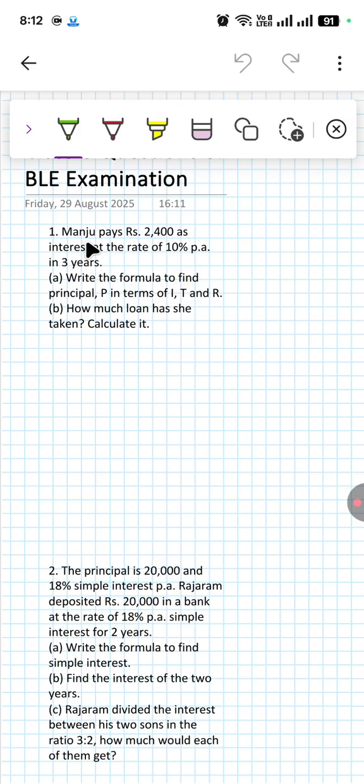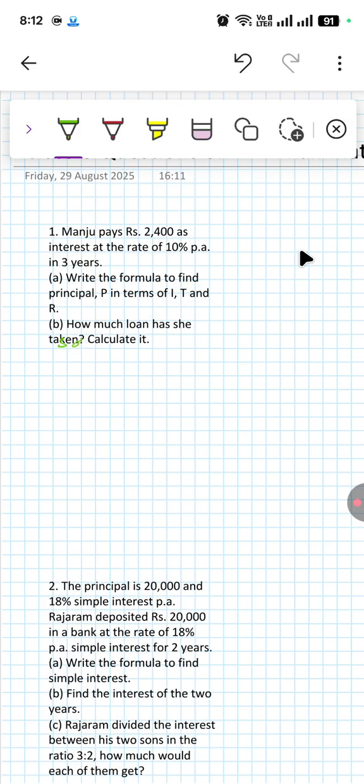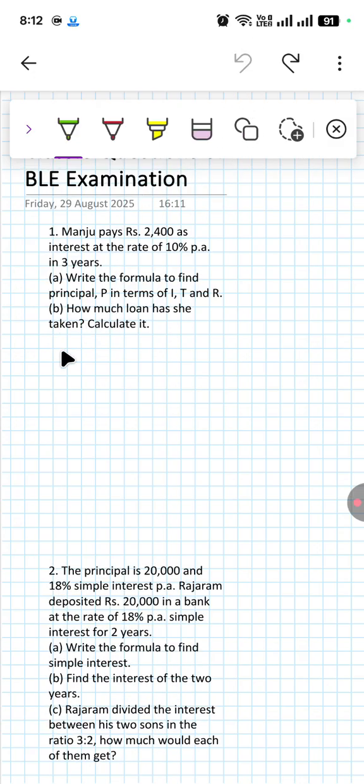The first question that is given over here is: Manju pays rupees 2400 as interest. So what are the things given that we need to write down first? Solution over here. Here it goes.